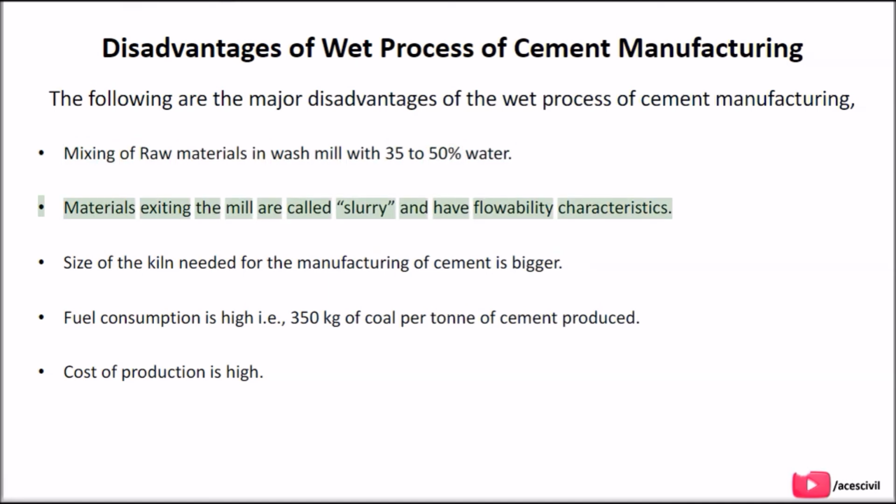Materials exiting the mill are called slurry and have flowability characteristics. The size of the kiln needed for the manufacturing of cement is bigger. Fuel consumption is high, i.e. 350 kg of coal per ton of cement produced. Cost of production is high.